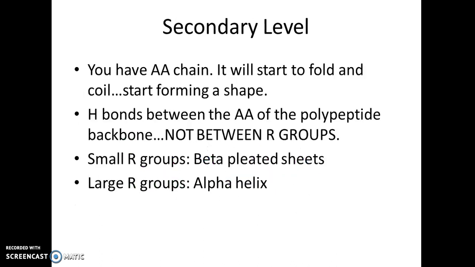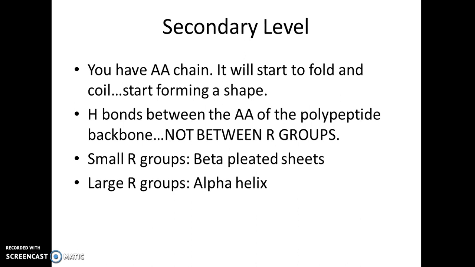The secondary level is a little difficult to conceptualize and visualize, but we'll try. So we have to have the amino acid chain because that's what we start off with. That is the first level. So now we have a chain of amino acids, and now we're going to start to either fold it back and forth, or we're going to start to coil it like an old-fashioned telephone cord.